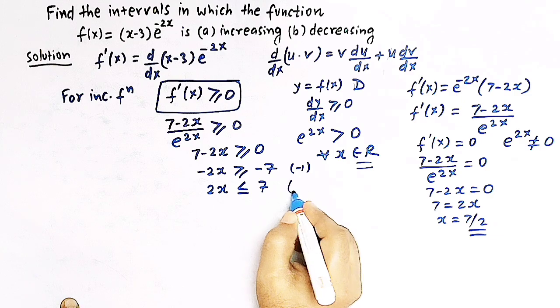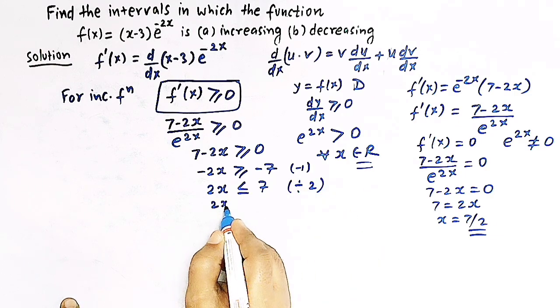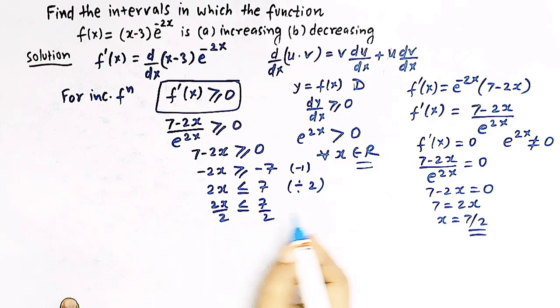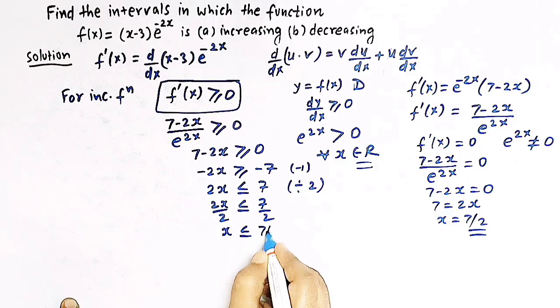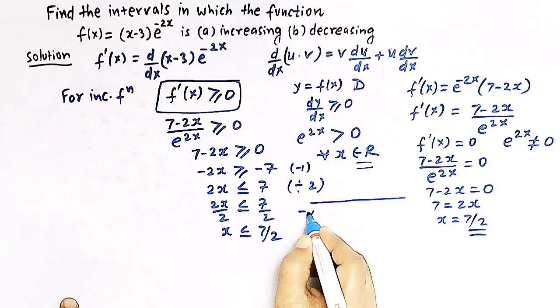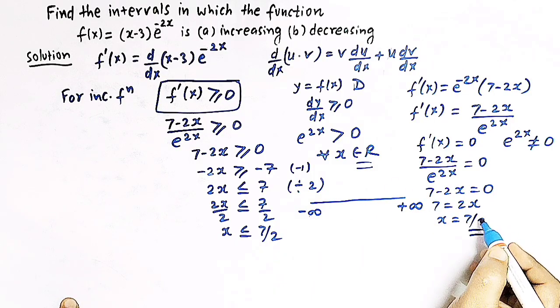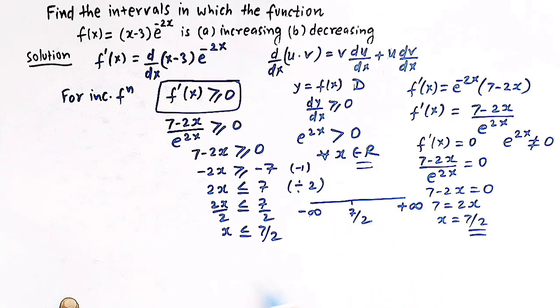And now dividing both sides by 2, we have here 2x over 2, here we have 7 over 2. So now we can write x is less than or equal to 7 over 2, right? So here we have the real number line minus infinity, here we have plus infinity, and the critical point is 7 over 2, right?